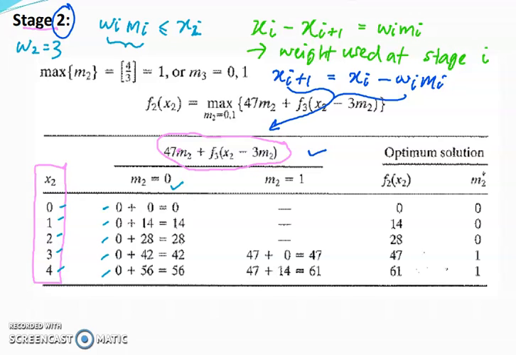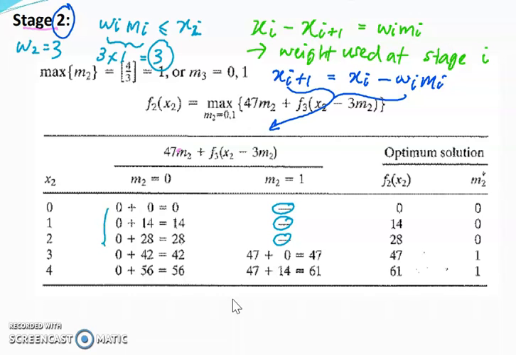But when m2 equals 1, it will be 3 times 1, which equals 3. So we cannot find a solution for x2 equals 0, 1, and 2, because 0, 1, and 2 are less than 3. So when m2 equals 1, we can only find a feasible solution when x2 equals 3 and when x2 equals 4.